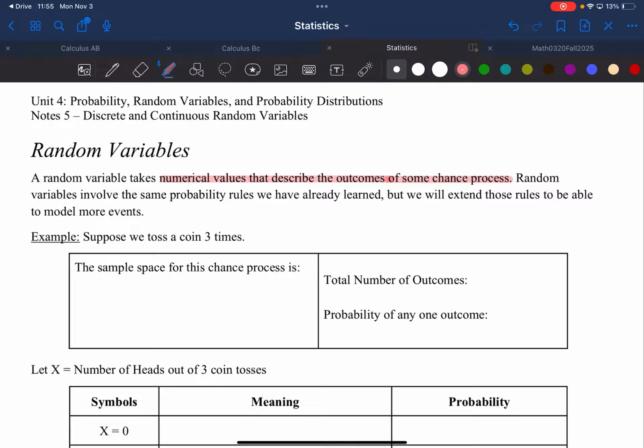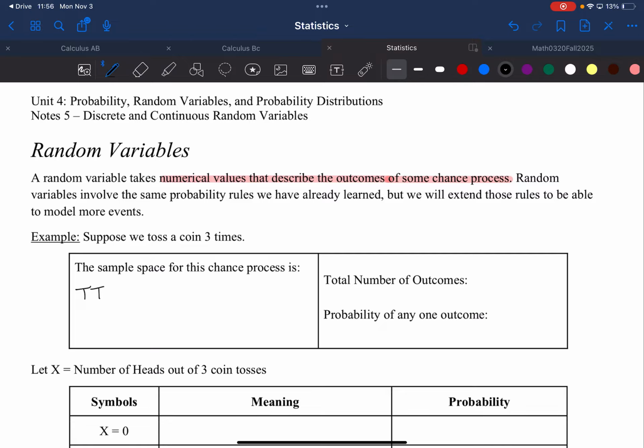So let's think back to our example when we talked about what would happen if we toss a coin 3 times. First we talked about what the sample space would look like, and that is all the different possibilities if we were to flip those 3 coins.